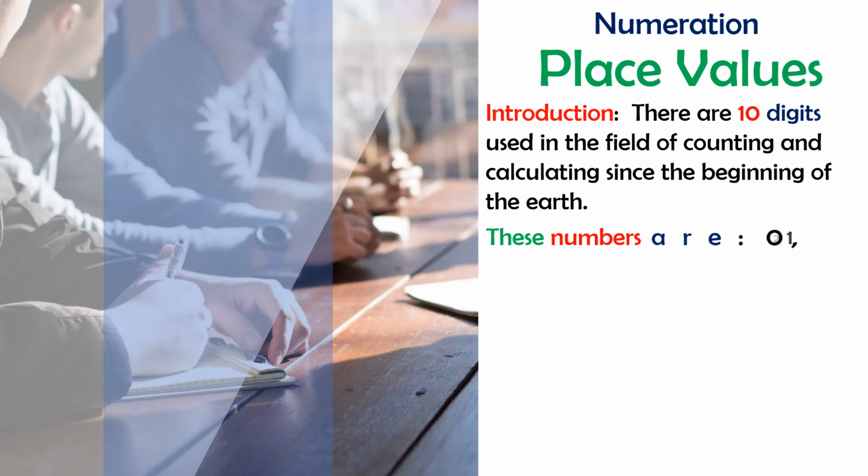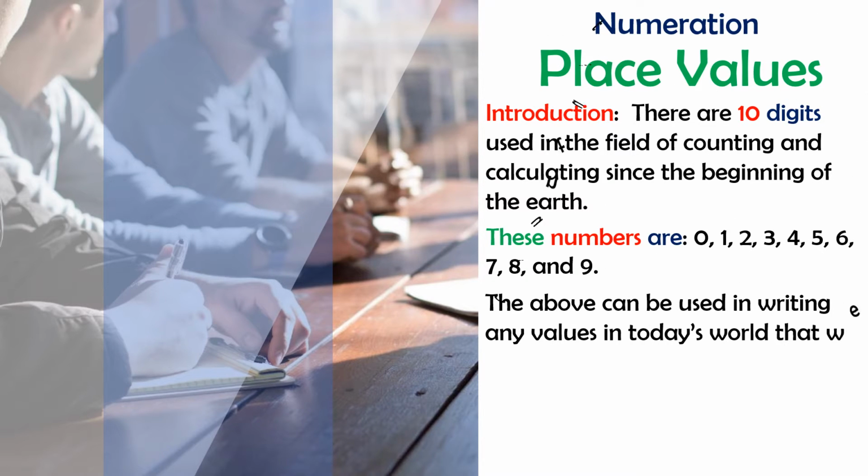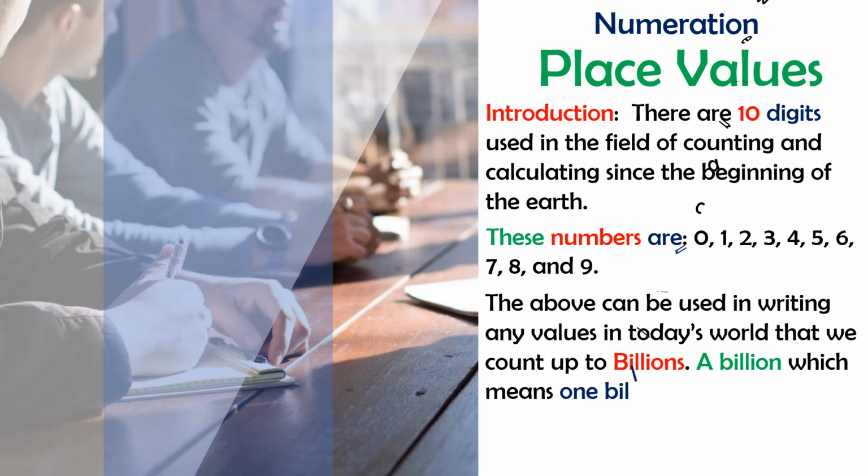And these 10 digits are 0, 1, 2, 3, 4, 5, 6, 7, 8, and 9. These 10 digits can be used to form any value in today's world that we count up to billions. And a billion means what?